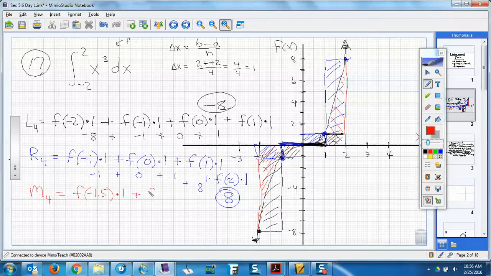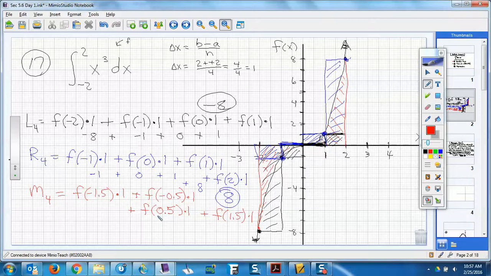Plus F of, what's my next midpoint? -0.5 times 1. Plus, I'm running out of room, so I'll go down here. F of +0.5 times 1 plus F of 1.5 times 1. Now, I think we all know what the area of this one's going to be, don't we?